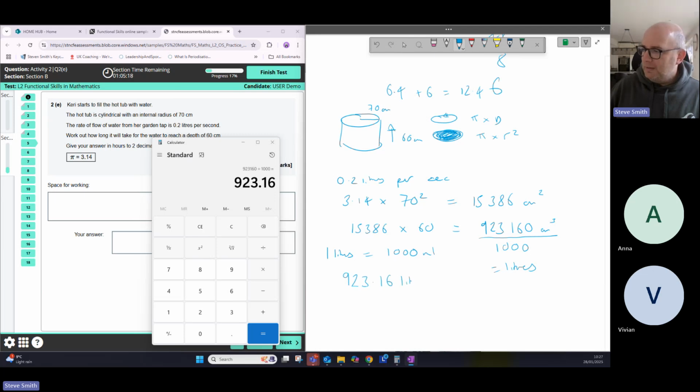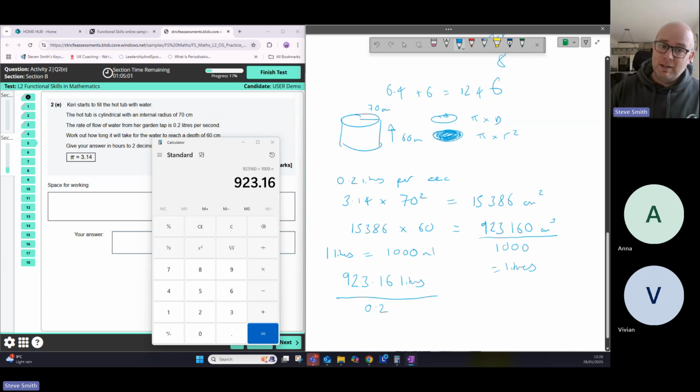We need 923.16 liters. It does 0.2 liters per second. So we have to divide this number by 0.2, and it will give us how many seconds. Then we can do minutes, and if it takes hours, we can do that.